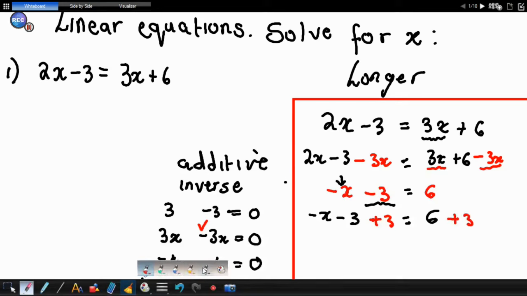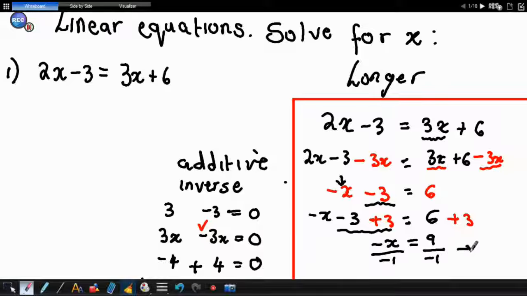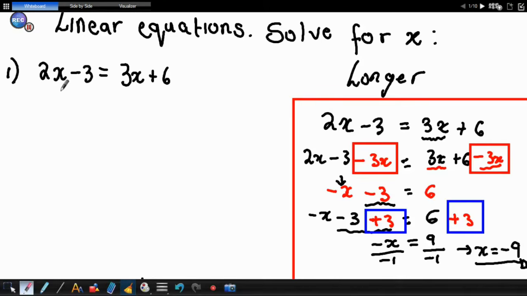What's nice now is that this negative 3 will become 0, leaving x on its own here, right? And then 6 plus 3 will give you 9. Now, if I divide by negative 1 on both sides, therefore, x will be equal to negative 9, and that's your answer.